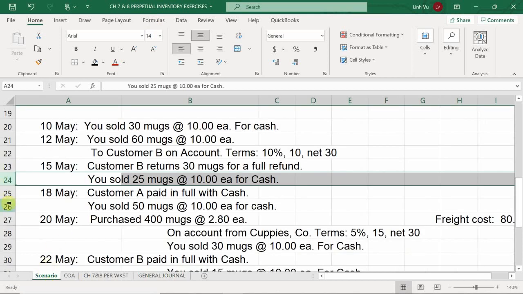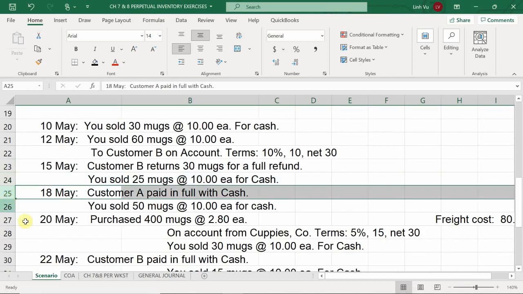So then May 18 rolls around, okay, and customer A decides to pay in full with cash.